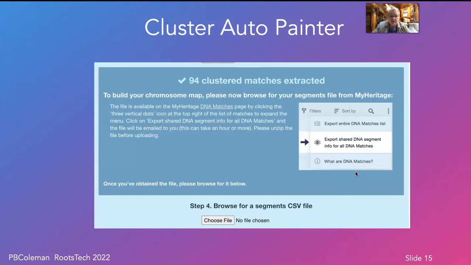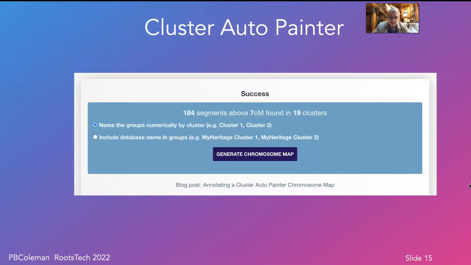Since it's a MyHeritage HTML file, and those files for MyHeritage do not include the DNA segment data, I had to go to MyHeritage and export the segment data, convert it from the zip file that they send to you into a CSV file, and then add that to my Cluster Auto Painter.